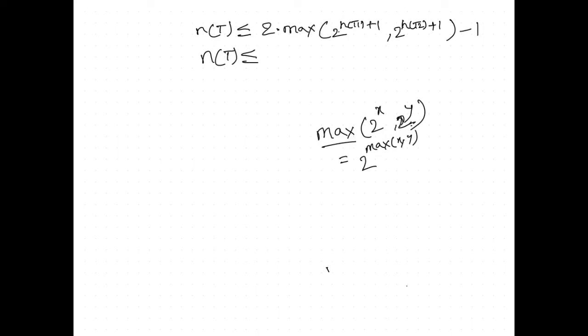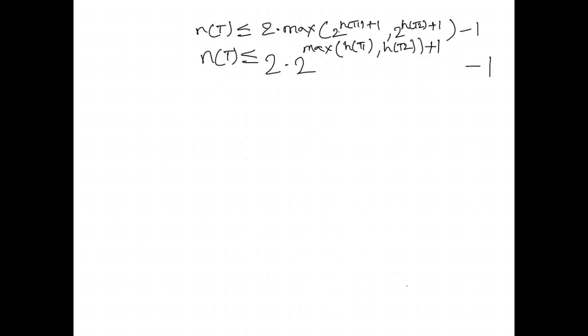Max of 2 power x comma 2 power y can also be written as 2 to the power of max of x comma y. So similarly, what I am doing here is 2 into 2 to the power of max of h of T1 comma h of T2, plus 1, minus 1, right? I am writing like this.